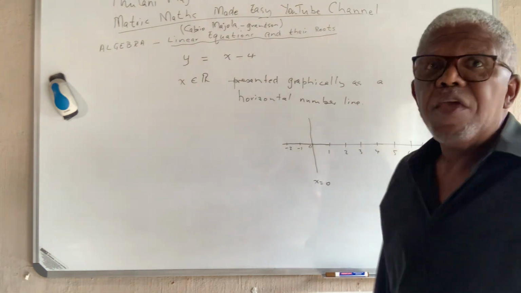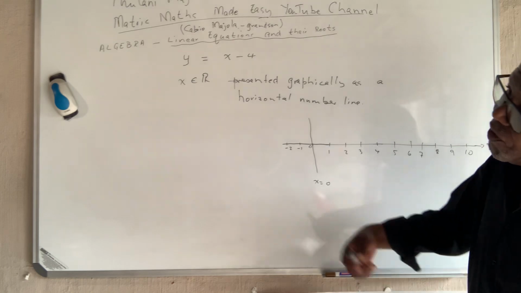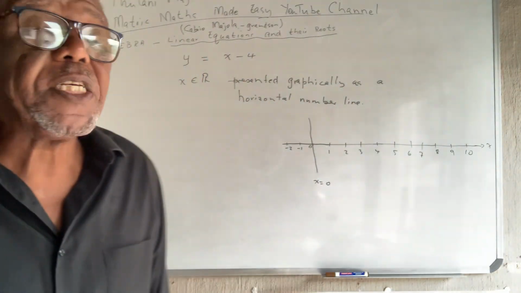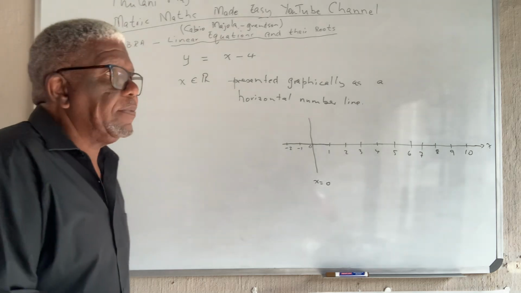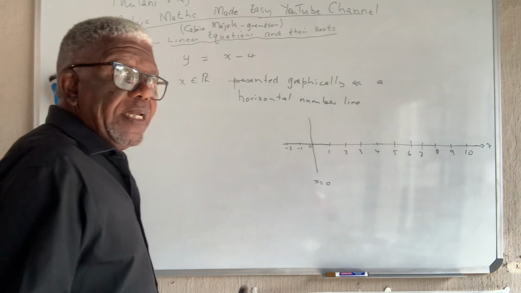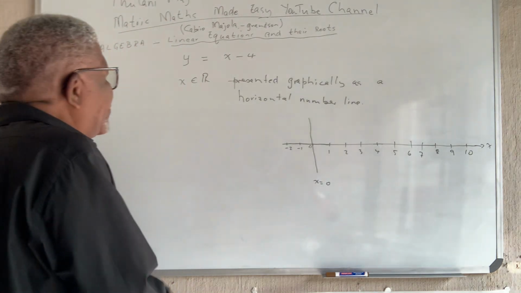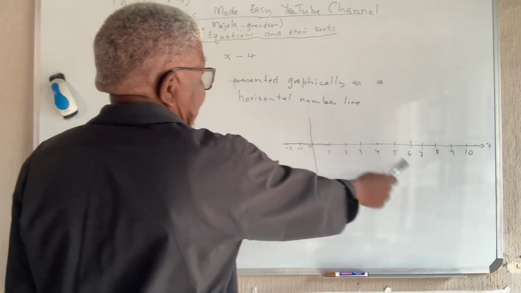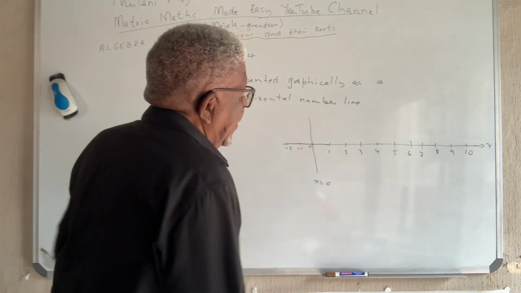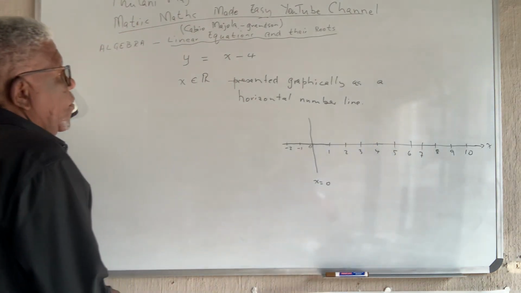I've got less than 2-hour videos from the beginning where I was explaining the real number system, but the first one is even less than 10 minutes. It explains the meaning of numbers, so please go and check that one, otherwise you won't enjoy mathematics. So the x is a representation of the real numbers graphically on a horizontal number line.